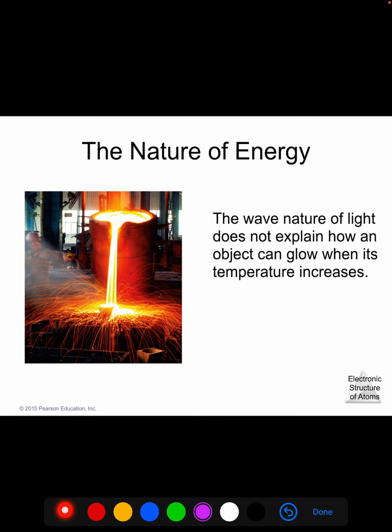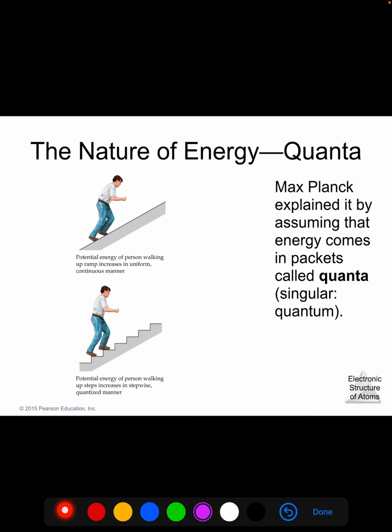So, I don't know that I would have phrased this quite this way, but the models of the atom we've discussed so far do not explain why, when I heat certain elements, metals especially, they glow. What's happening when they glow?